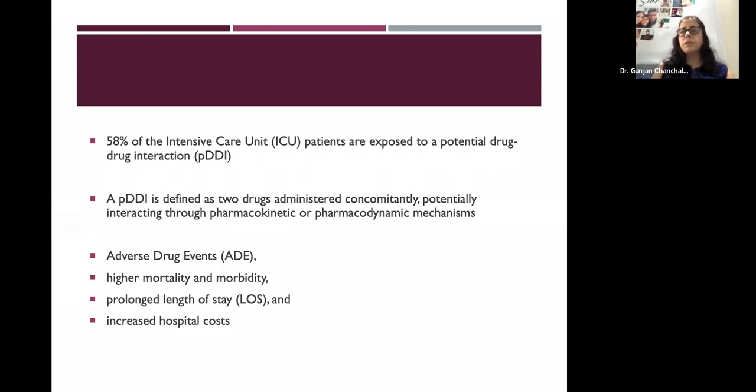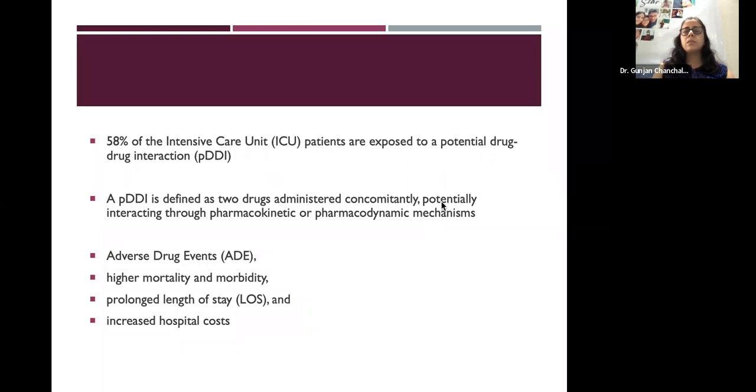This number is more than double of what we see in the wards. That is mainly because in ICU, people are on more polypharmacy. There are multiple drugs, and all these drug interactions lead to many adverse drug events. They increase the mortality and morbidity, prolong the length of stay in the ICU, and increase the hospital costs.